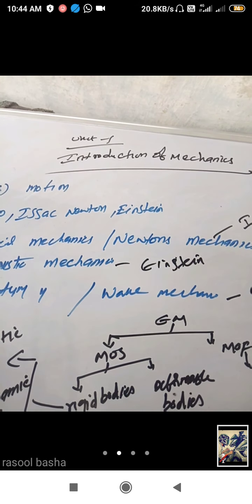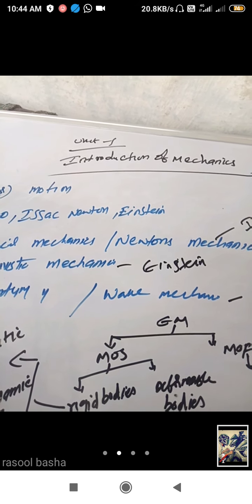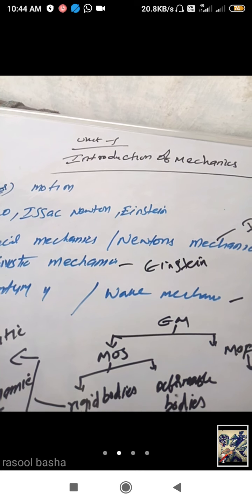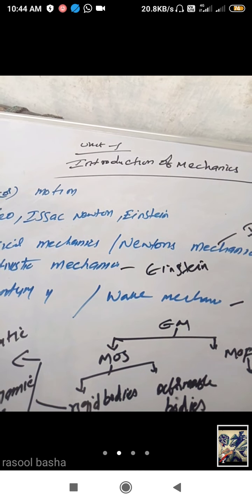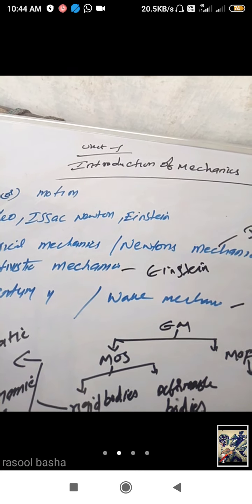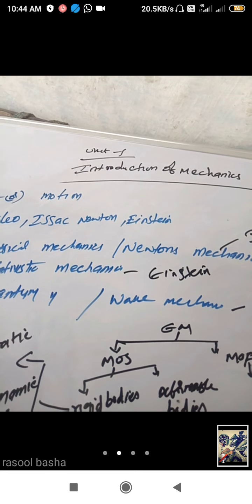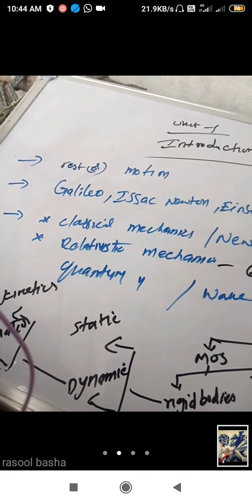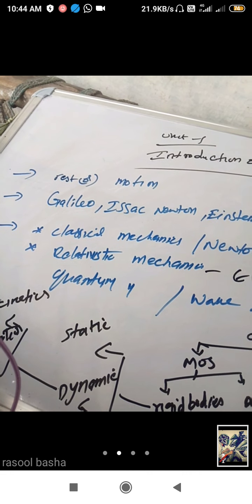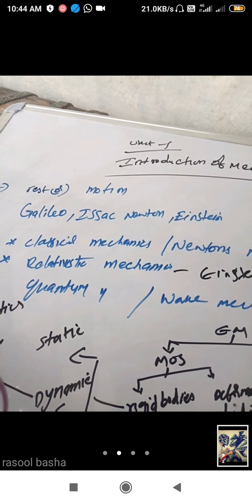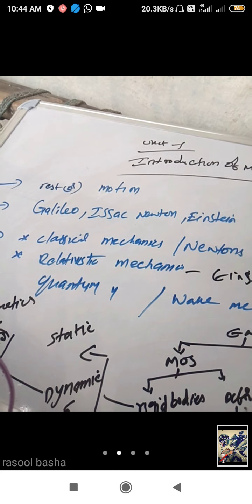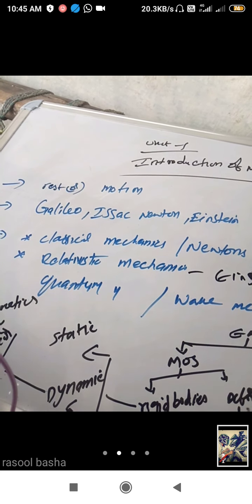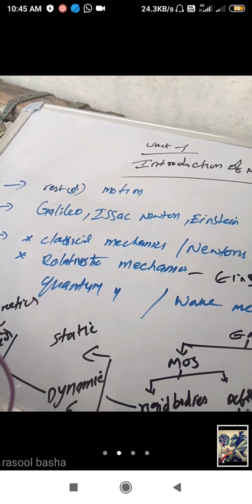So what is mechanics? Mechanics is a branch of physical science that deals with bodies in the state of rest and motion position. Again, mechanics was developed by three scientists: Galileo, Isaac Newton, and Einstein.